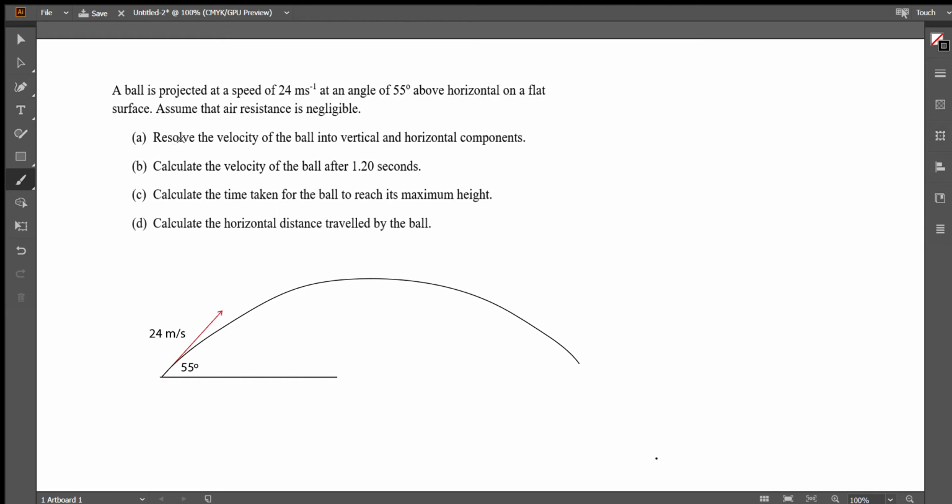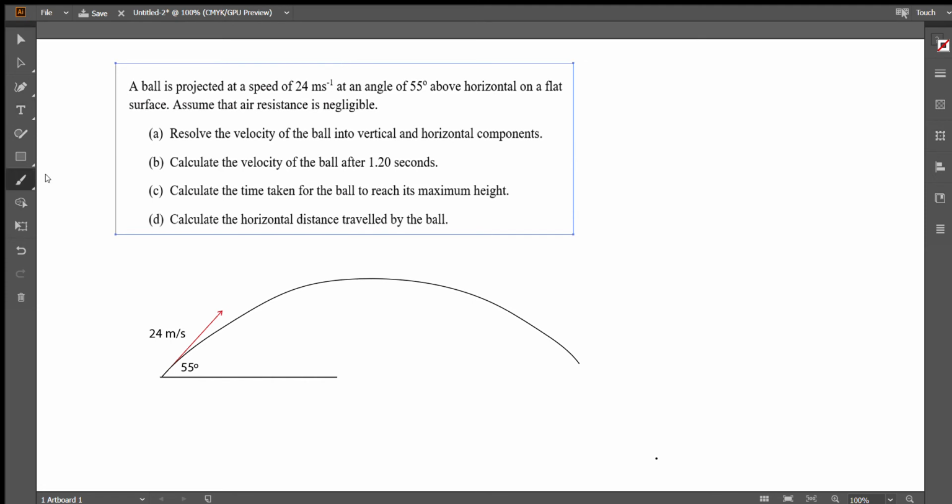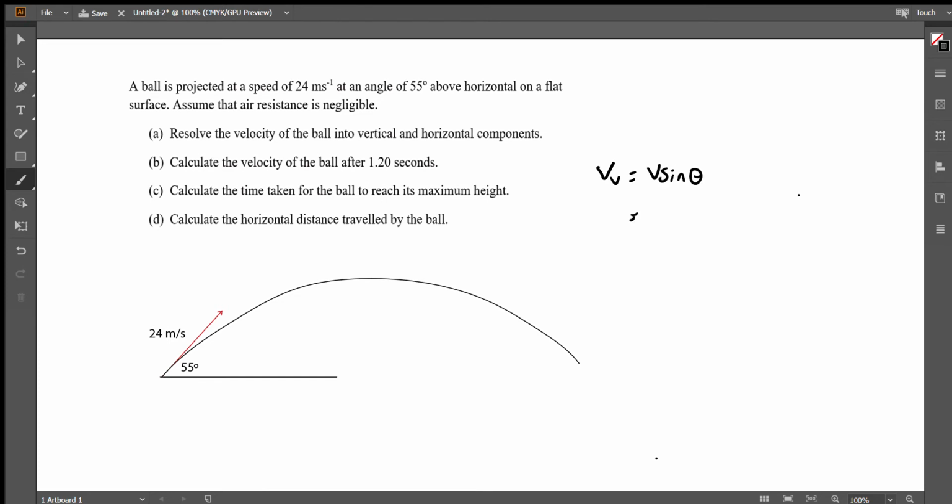First up, we need to resolve the velocity into vertical and horizontal components. So this should be fairly straightforward. We know that the vertical component is just given by v sine theta, which we have 24 sine 55, which if we substitute into our calculator, we should get 19.7 meters per second.